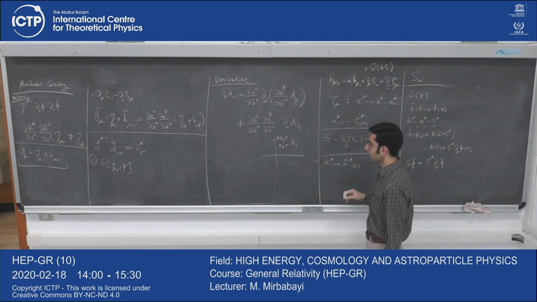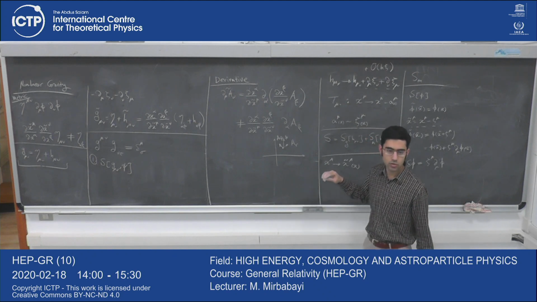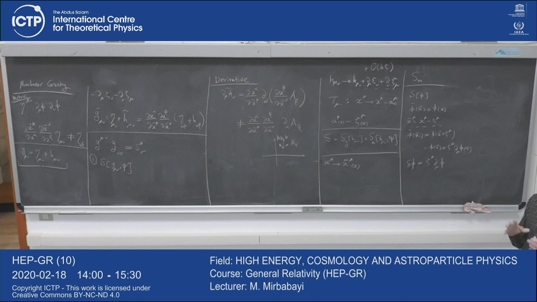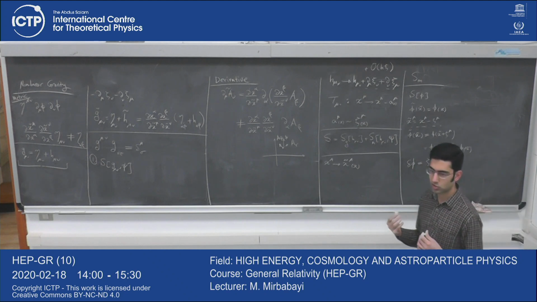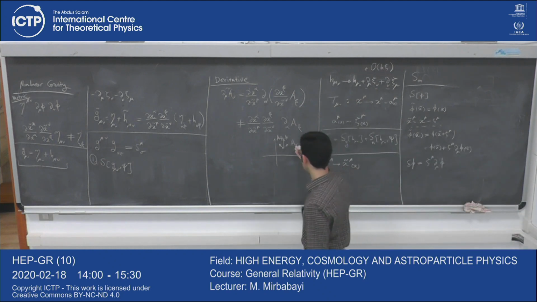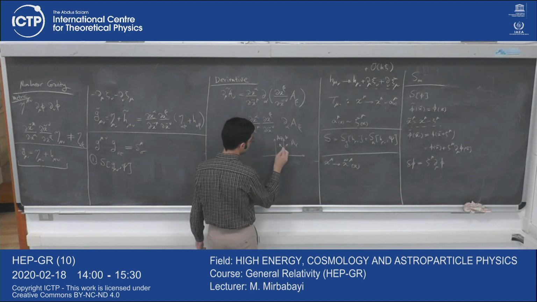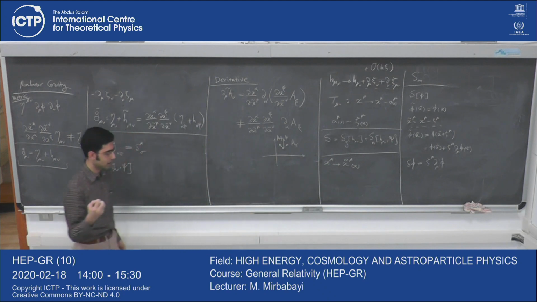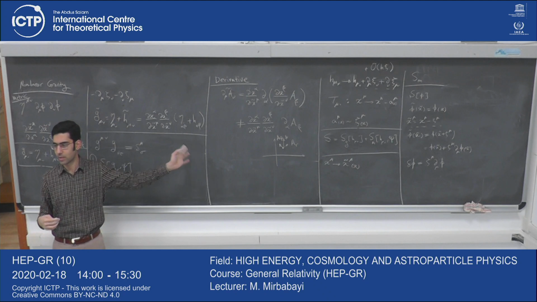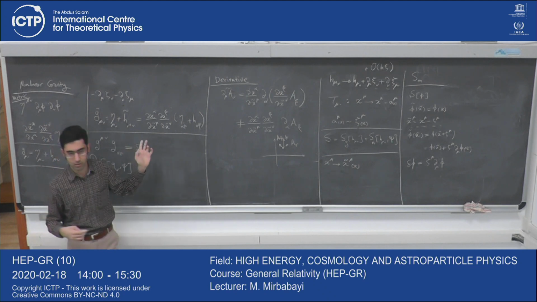And one can fix it using a metric. Once we have a metric, we can construct objects which are called covariant derivatives, which give us tensors out of vectors, or higher rank tensors out of lower rank tensors. So, for instance, you have probably seen explicit examples in particular cases, like in the case of polar coordinates or spherical coordinates.